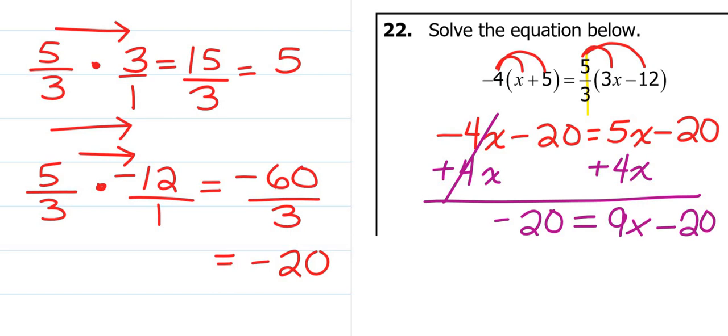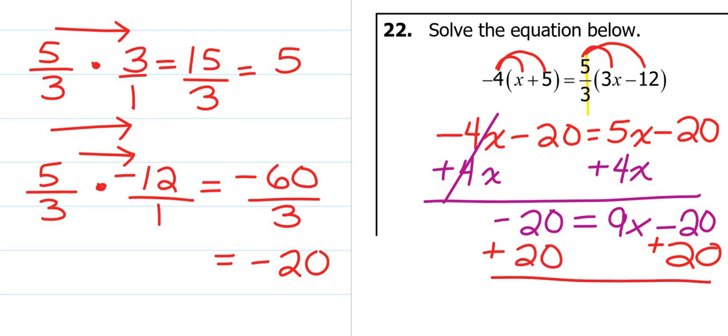We're going to add 20 to both sides so that we can get the x's by themselves. Twenties cancel on the left. Negative 20 plus 20 gives us 0.